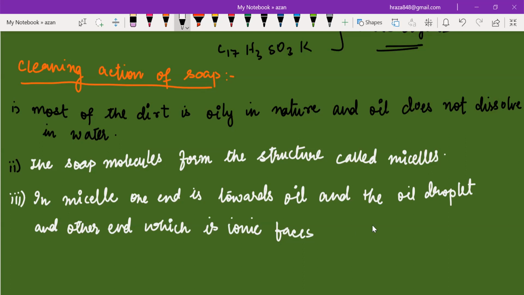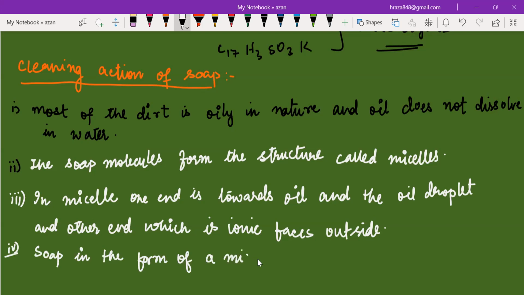So you are going to write this with me. Soap in the form of a micelle, in the center of the micelle.